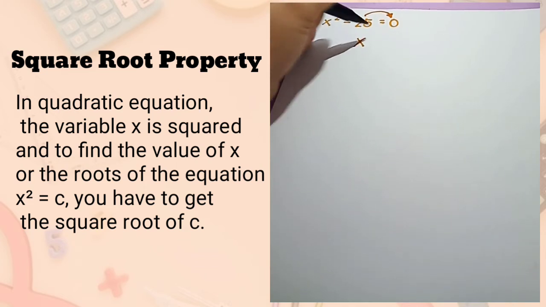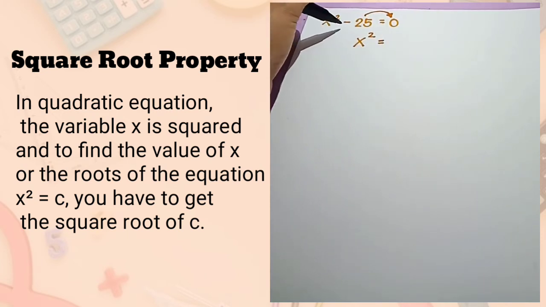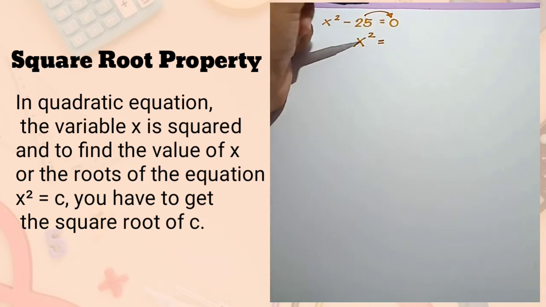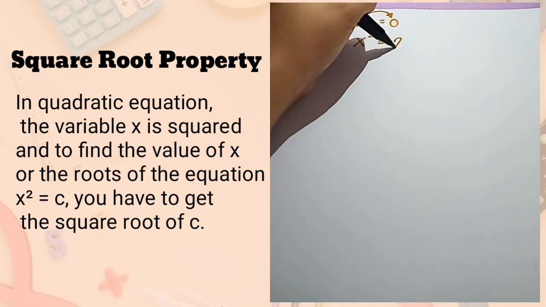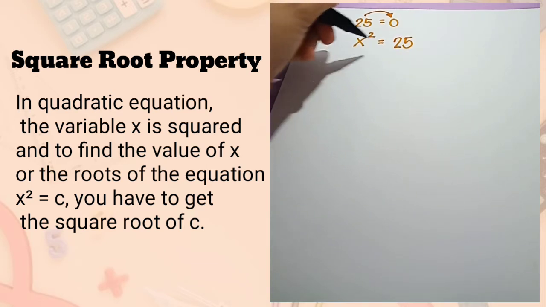So, x squared equals, when negative 25 ay na-transpose to the right-hand side, magiging positive 25 na siya. So, equals 25. Next, we need to get the square root of both sides.